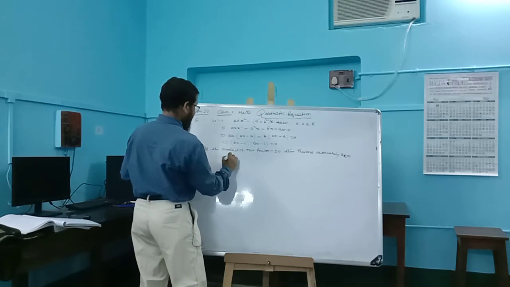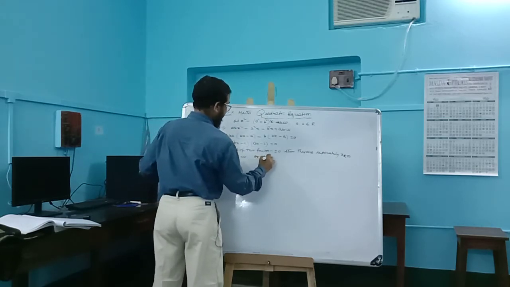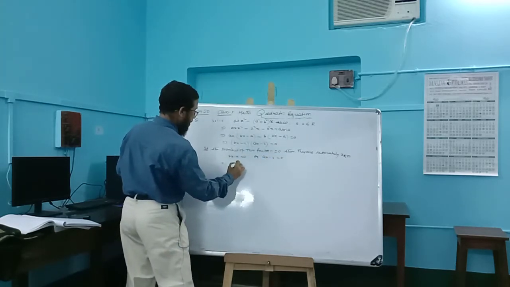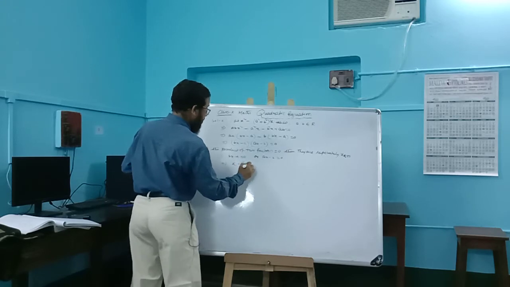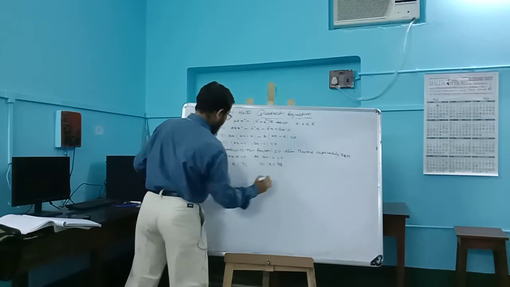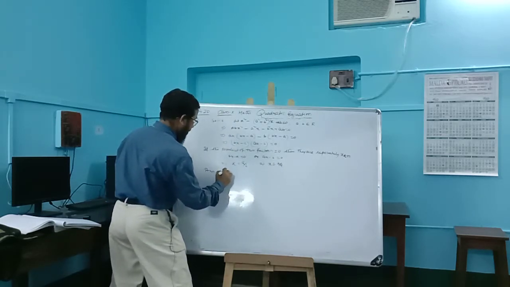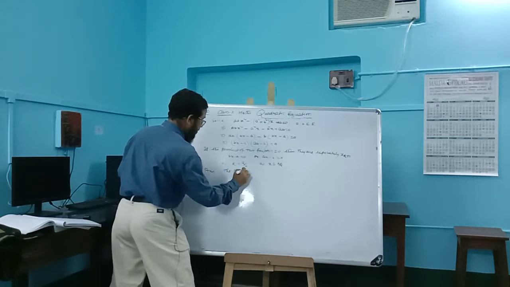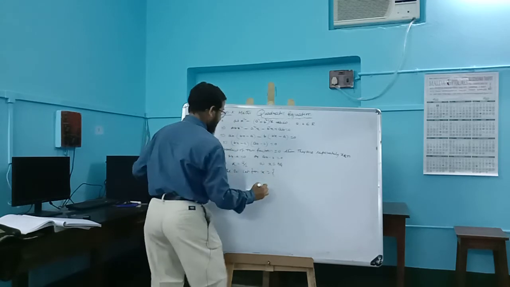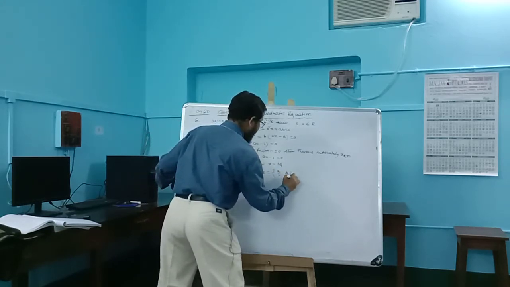Therefore bx − a = 0 or ax − b = 0, which implies x = a/b or x = b/a. Answer: the solution set for x is {a/b, b/a}.